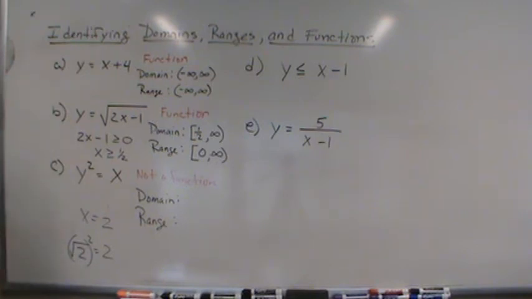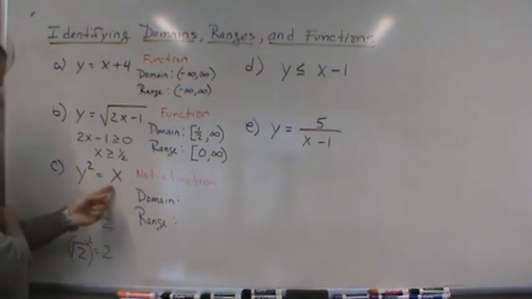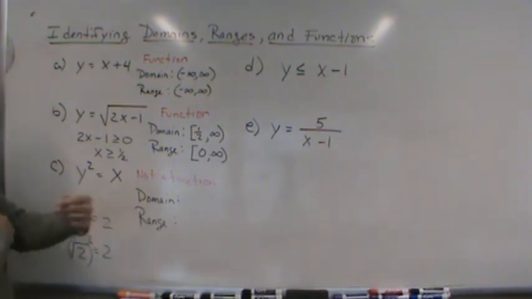So in this case, when we look at the domain, it has to be greater than or equal to 0, a non-negative number. So 0 will work, or any positive value of x will work.